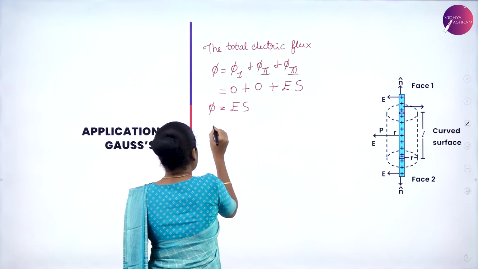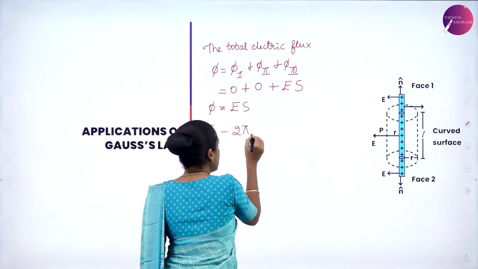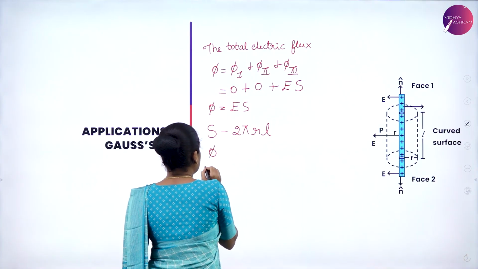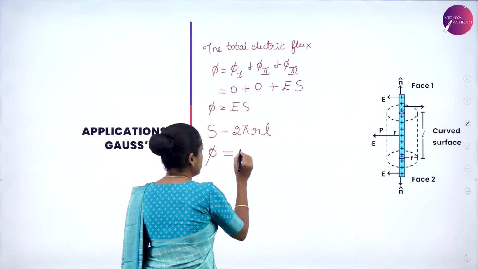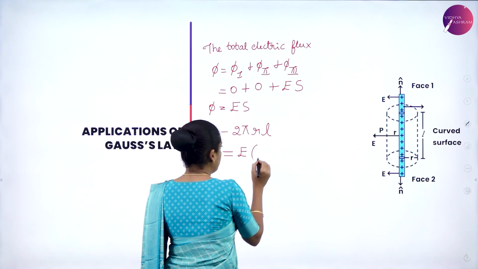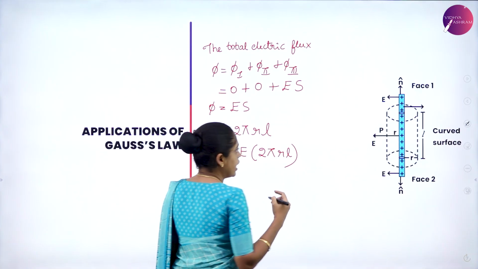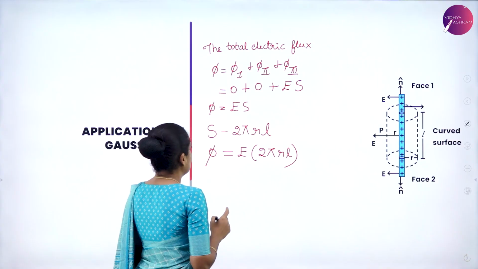So what is the S value here? The value of S is 2 pi RL. Substituting this in the flux expression, we have phi is equal to E 2 pi RL, where L is the length of the cylindrical Gaussian surface.